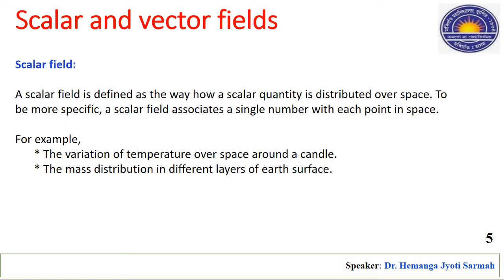Suppose we have lighted a candle, and if we note the temperature around the candle, we will have different temperature values around it. All the sets of temperatures at different locations over space may be termed the scalar field of temperature. Similarly, the mass distribution in different layers of the earth's crust can also be considered a scalar field.